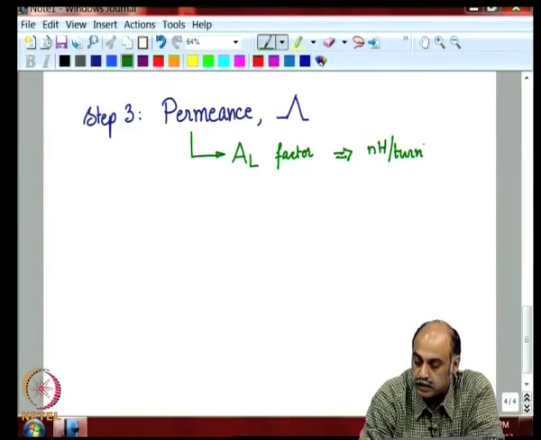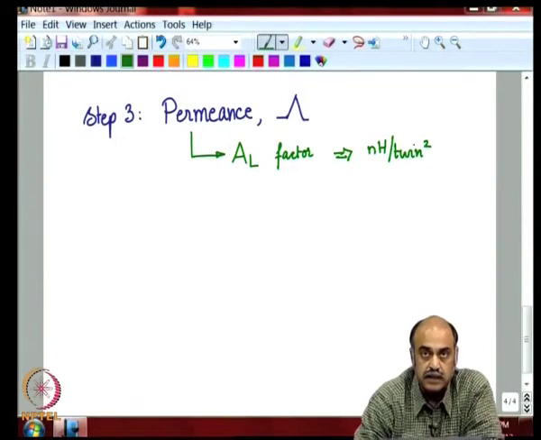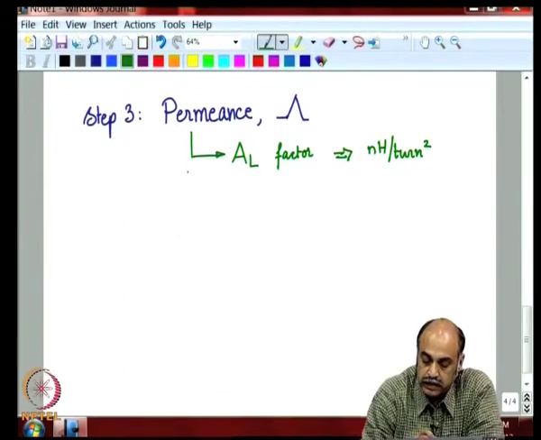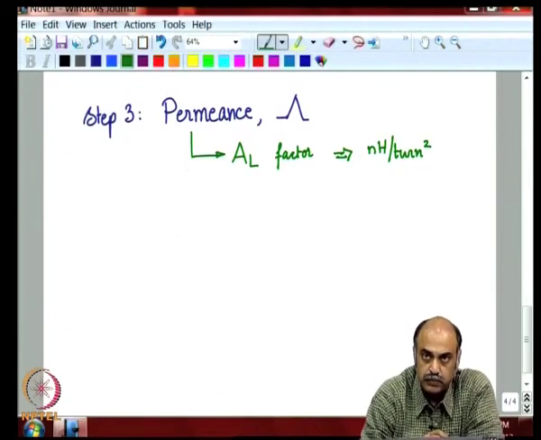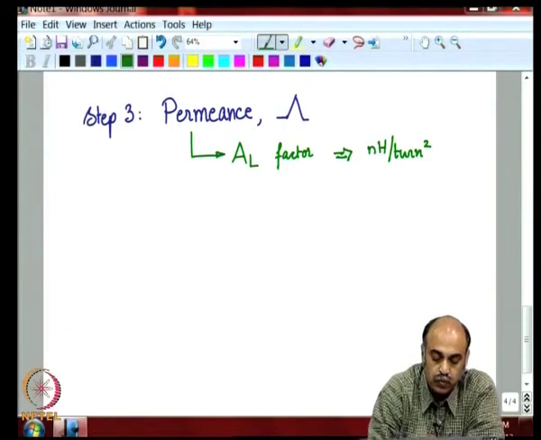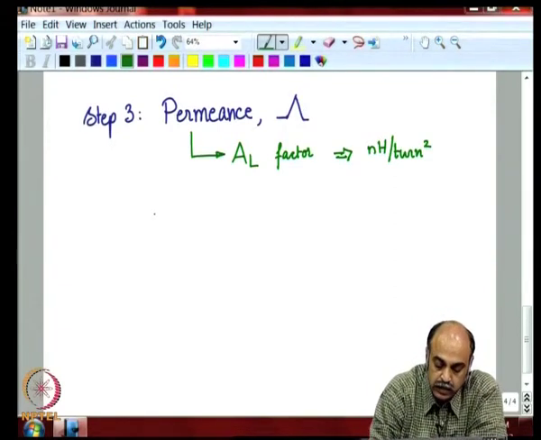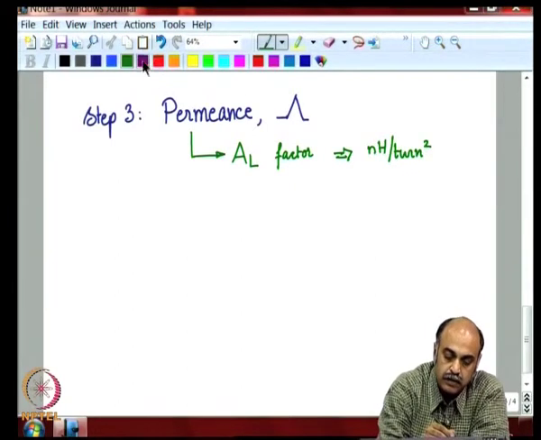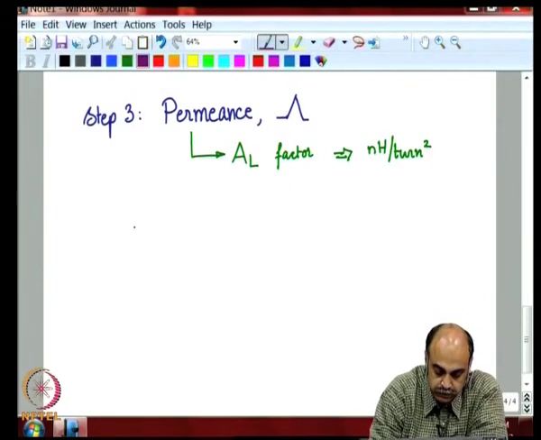This is nothing but the permeance expressed in nanohenry per turn square. If this is not available and you are using a regular transformer core, and to the regular transformer core you are applying an air gap, then you need to do some calculations.